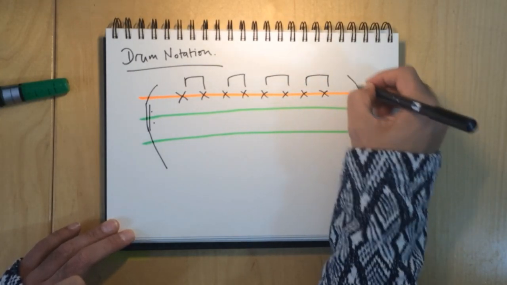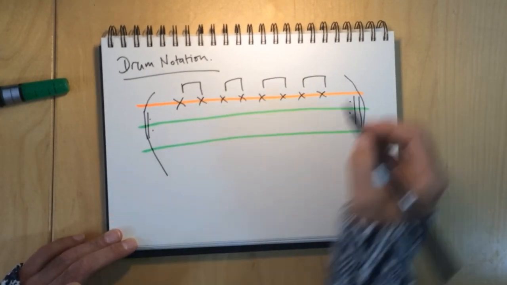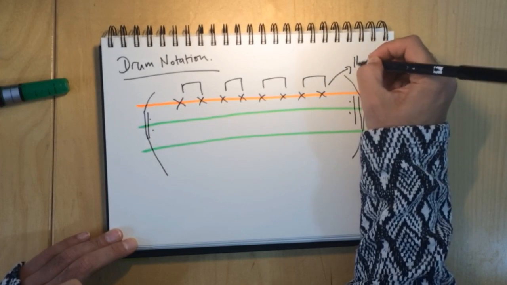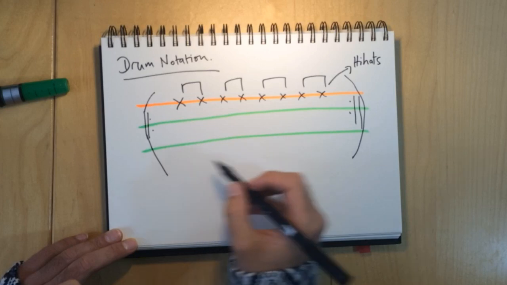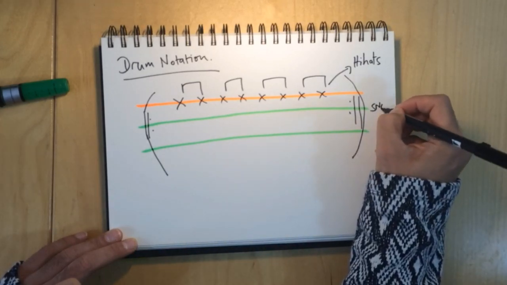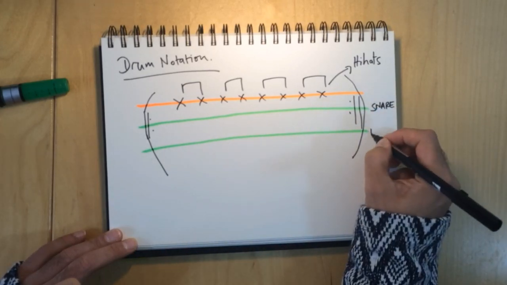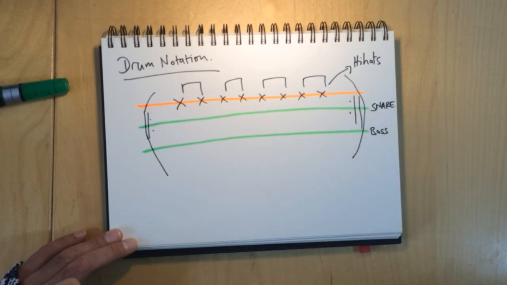And then I can finish off the bar like this. So like I said, the X's are the hi-hats. Now, this line right here is the snare drum, and this line right here is the bass drum.